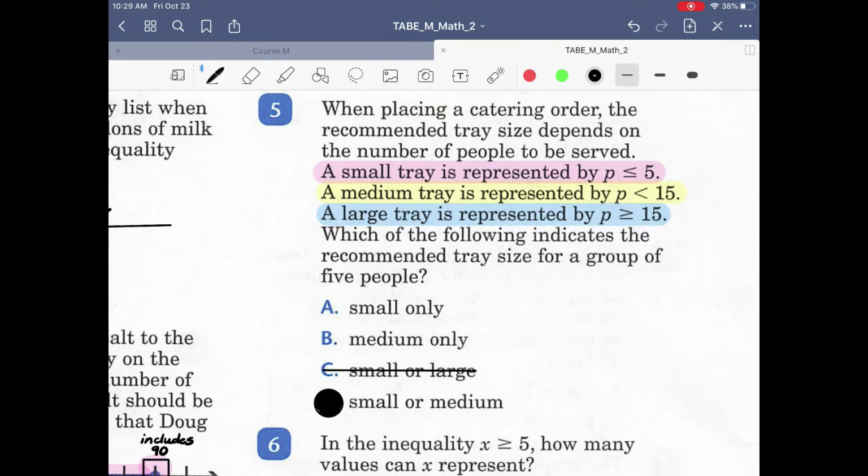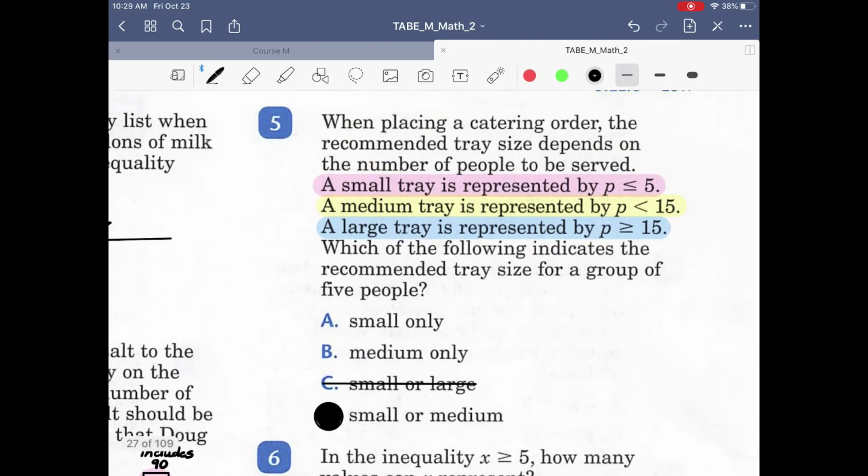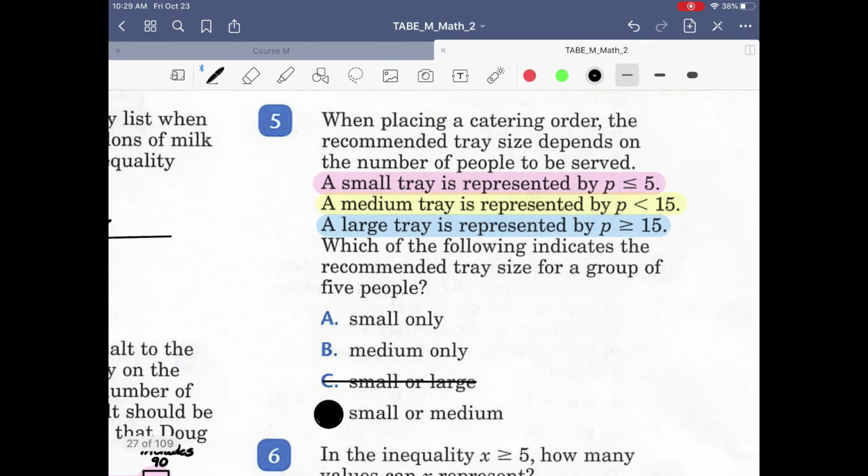If the people were children, I would probably go with the smaller tray. If I have 5 adults, I probably would go with the medium. But either tray is within the catering guidelines for 5 people. So number 5 is D.